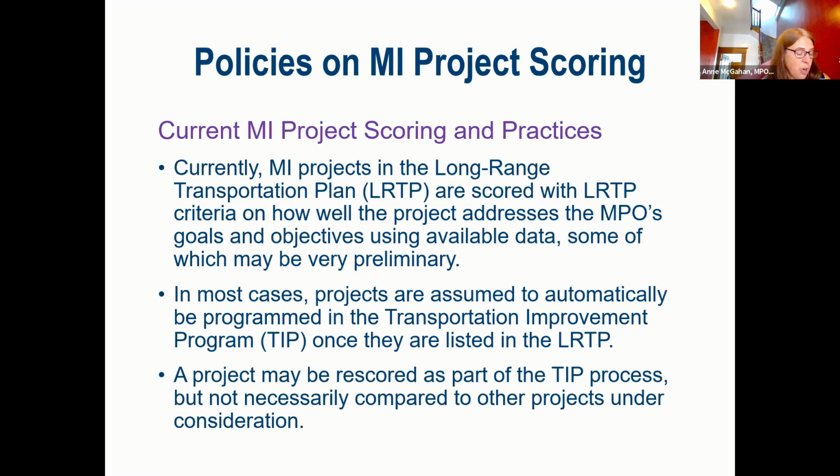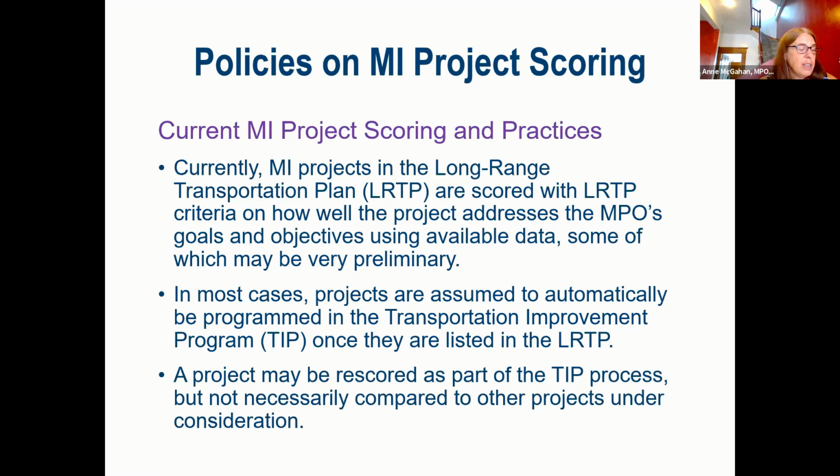As expected, these projects will be further along in design and will have more information available for scoring as part of the TIP development process. Projects that are programmed in the later time bands of the LRTP may not have the detailed design, therefore the projects are scored based on available information about how they will advance the MPO's goals.